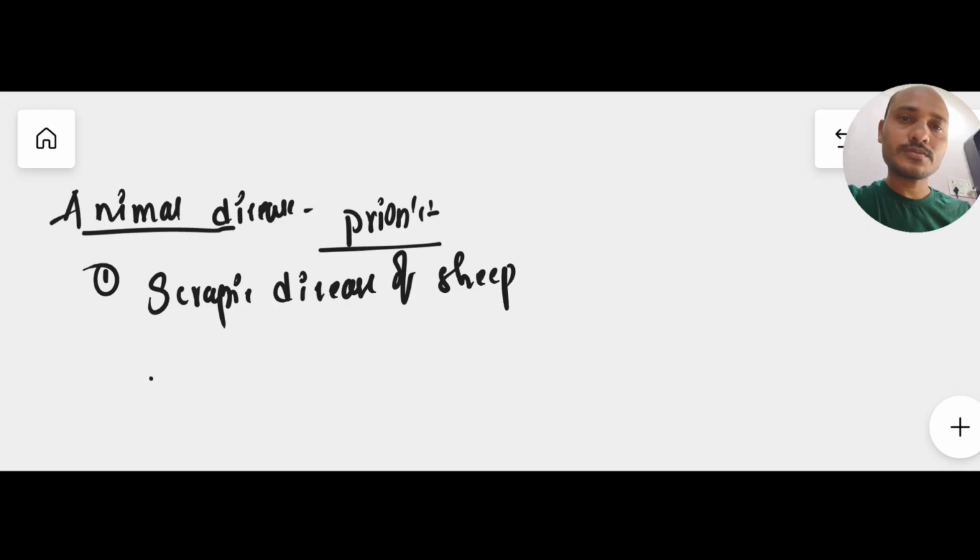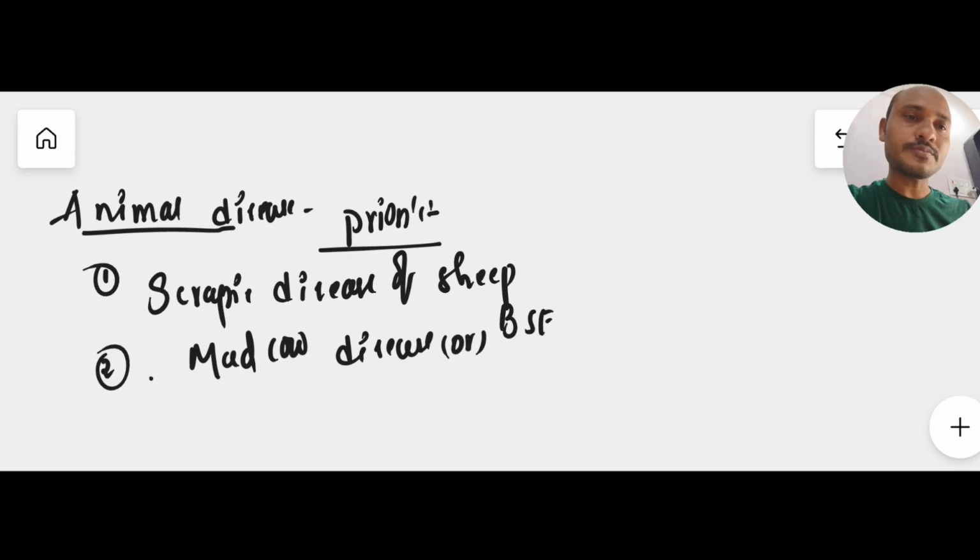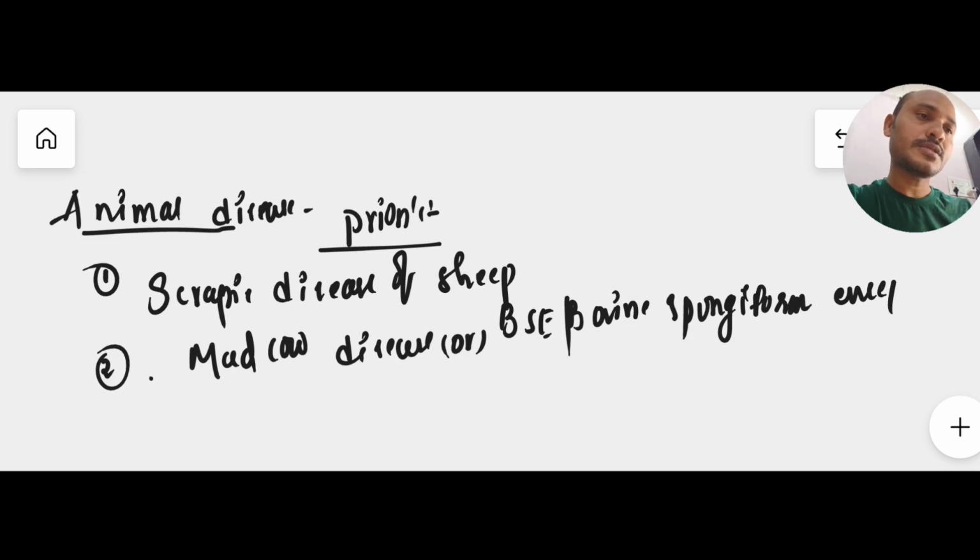And one more very important, which we just discussed, is mad cow disease. This is also called BSE, simply meaning bovine spongiform encephalopathy. So this occurs in cattle.